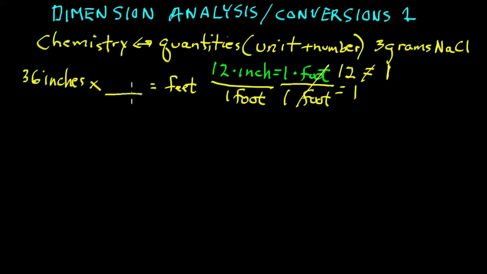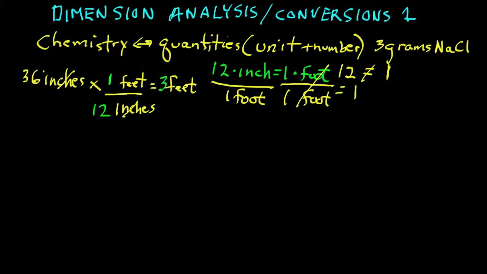We put what we want to get rid of, what unit, in the denominator because it cancels out. And what we want to gain is the unit foot, with 1 in the numerator. And we put the numbers in, 12 here and 1 here. Remember, 12 does not equal 1, but 1 times a foot is equal to 12 times inches. 12 into 36, the answer is 3 feet.